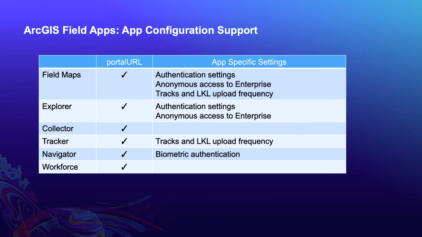We also have settings that allow you to anonymously access your enterprise, again, in both Field Maps and Explorer. And we have location tracking settings that allow you to define the upload frequency of your tracks or last known location in both Field Maps and in Tracker. And Navigator supports biometric authentication, which, when enabled, enforces fingerprint or Face ID.